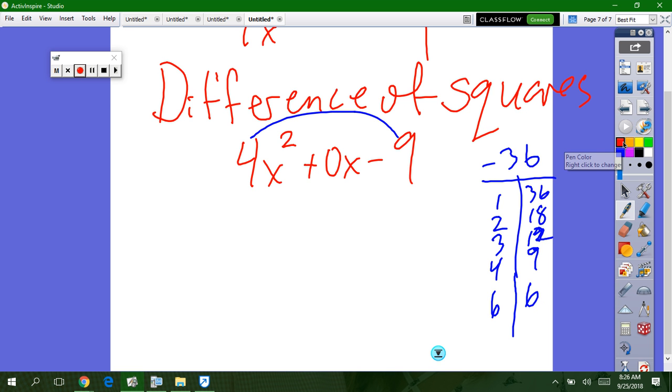Now, once again, this is a negative 36, so I'm looking for a pair that subtracts to be what number? No, that subtracts to be 0. Who's my pair that subtracts to be 0? Does everybody agree that it's this guy right here? Okay.